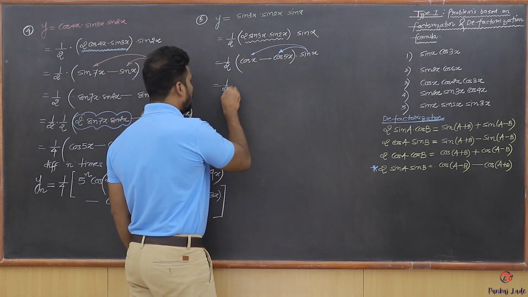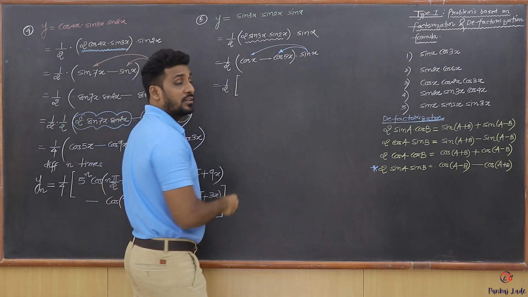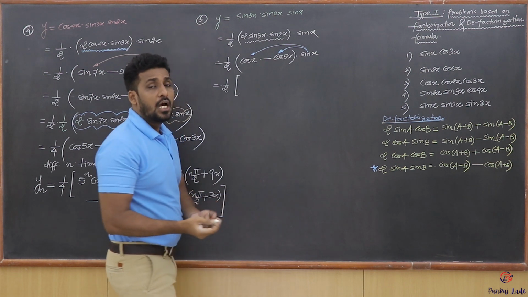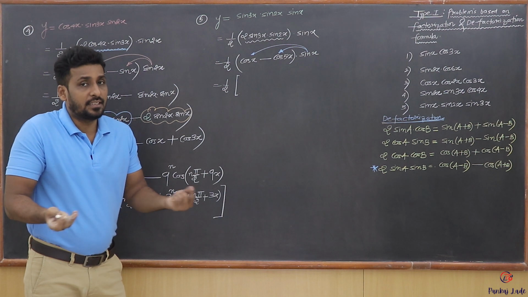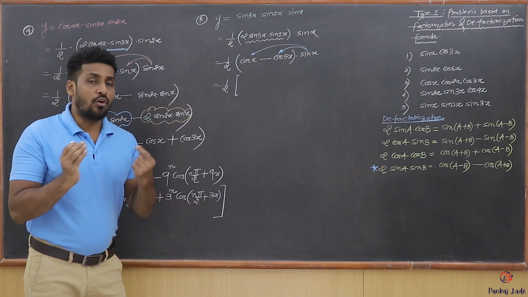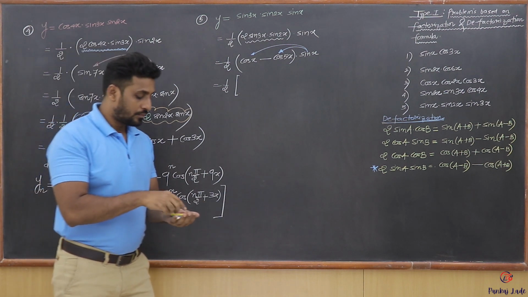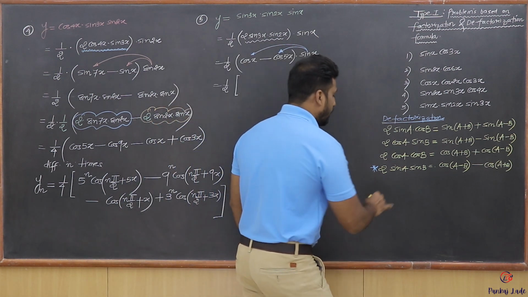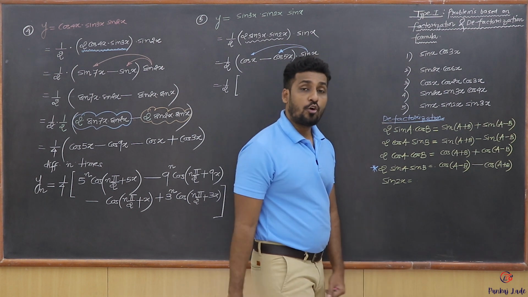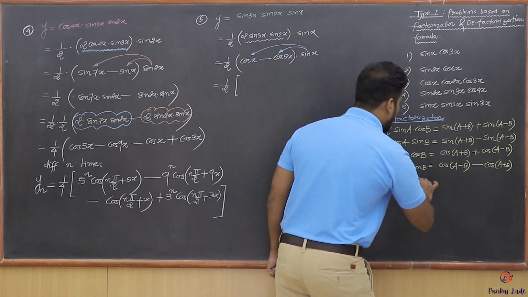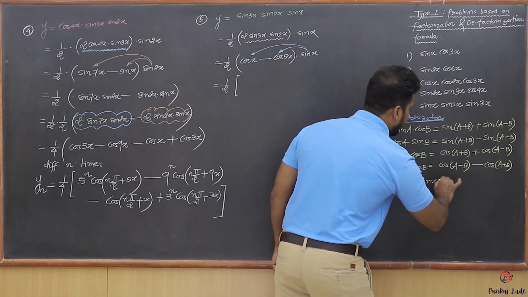I get 1 upon 2, then I put a bracket. My first term is going to be what? Cos x into sine x. Now it does not matter which term is written first, isn't it? Because both the angles are same. So you can proceed with any of the terms at the beginning. But students, don't you recall the formula for sine 2x? The formula for sine 2x, if you be recalling, it is 2 sine x into cos x.